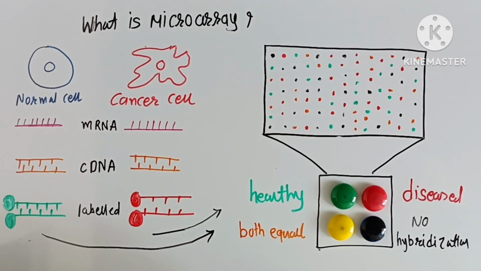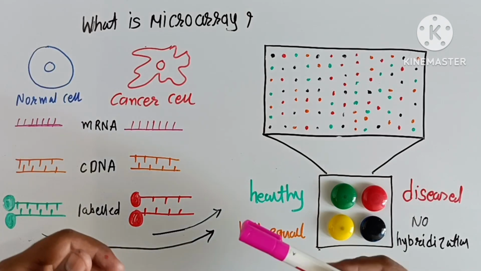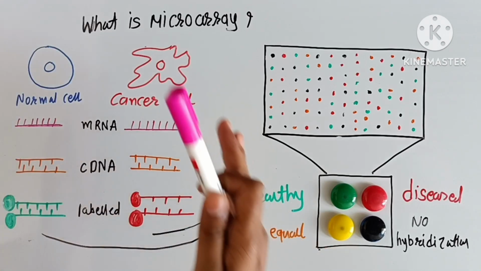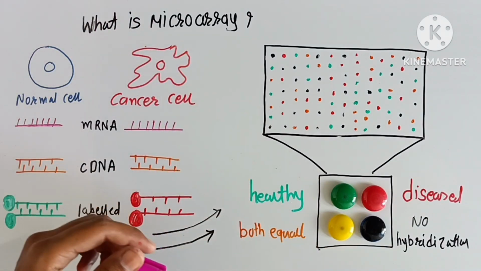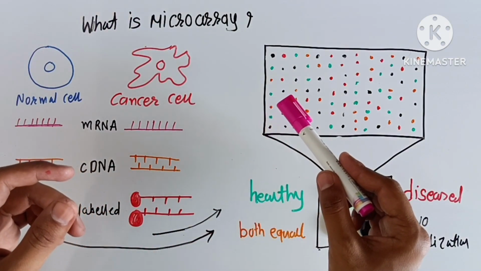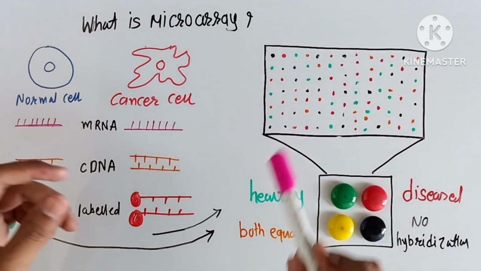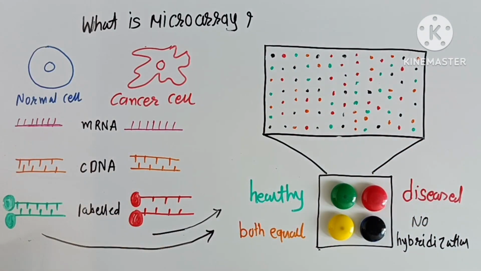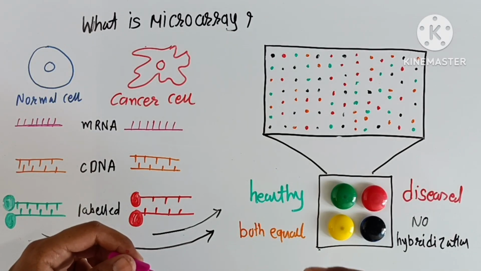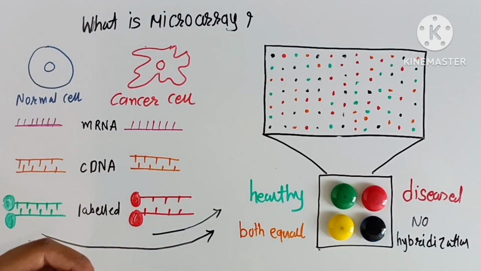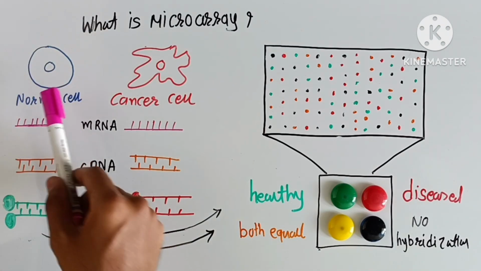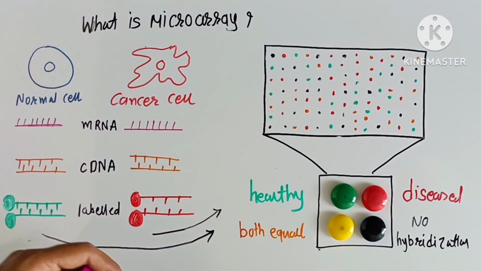Let us get a brief overview of a microarray. As we discussed in the principle, the analyte is there and another complementary probe is there. Here the analyte comes from these two cells, and the probe is already bound, or hybridized, to this microscopic plate or microarray plate. For understanding the microarray technology, we have taken two cells: first a normal cell and another a cancer cell.